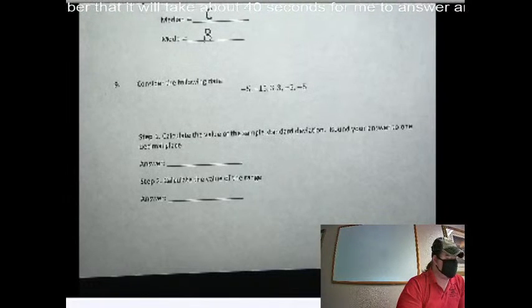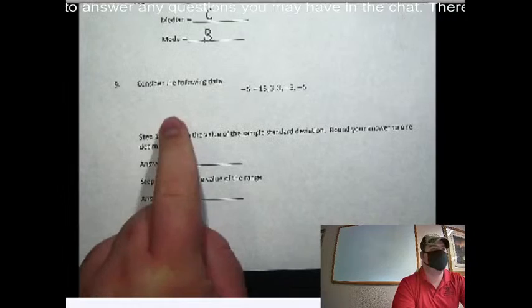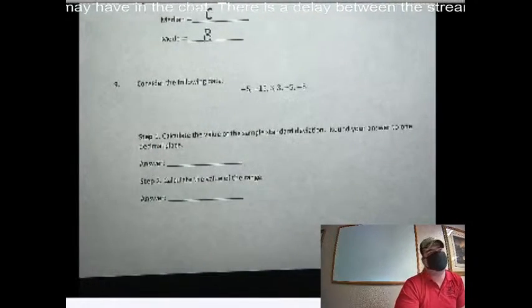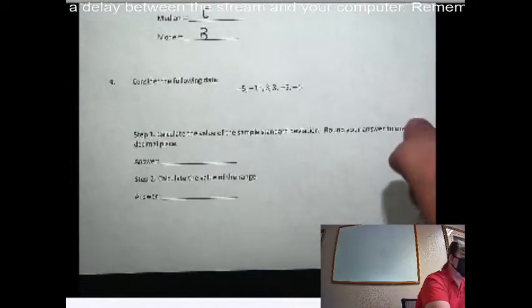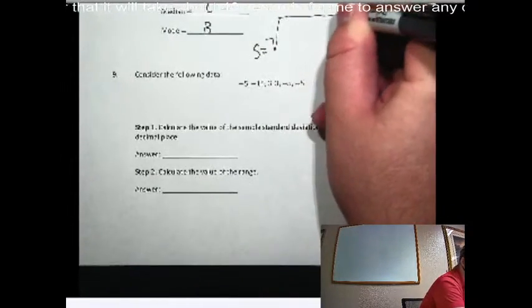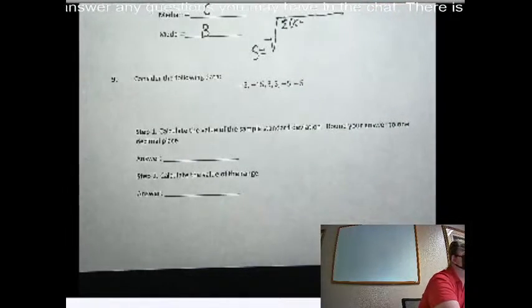Calculate the value of the sample standard deviation and the range for these numbers. I took out the variance from this one, but of course we're going to calculate variance on the way to standard deviation. So we need the formula for standard deviation specifically for a sample here. And that is S equals the square root of the sum of x minus what?